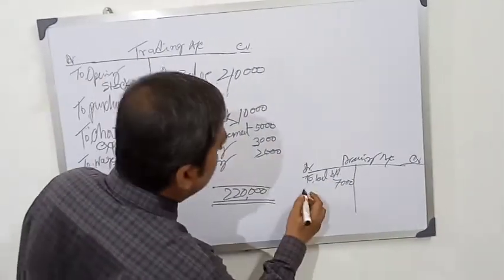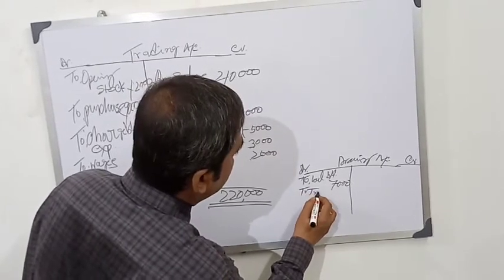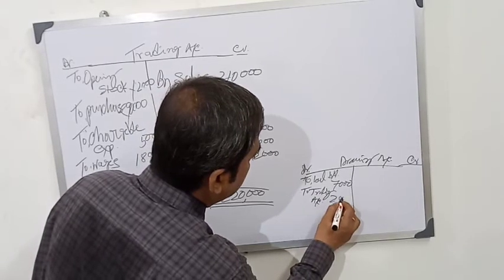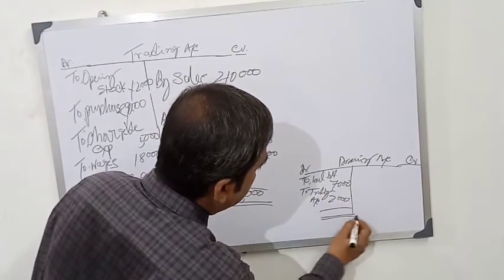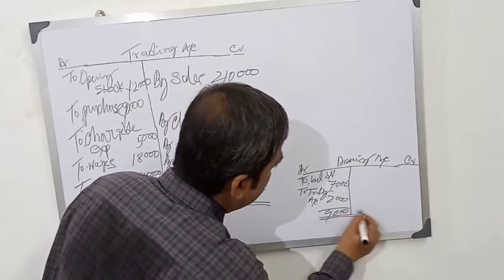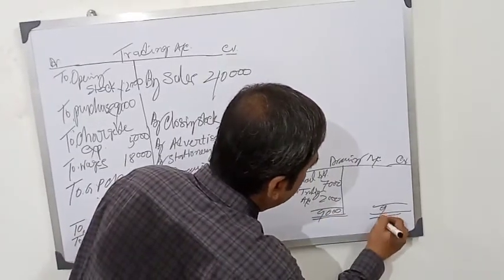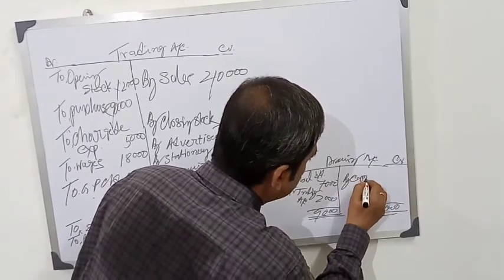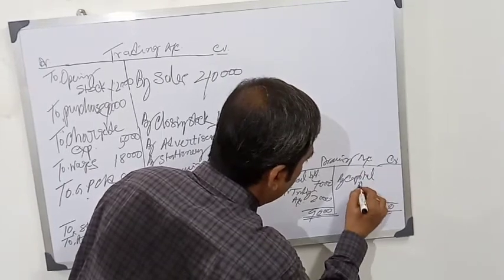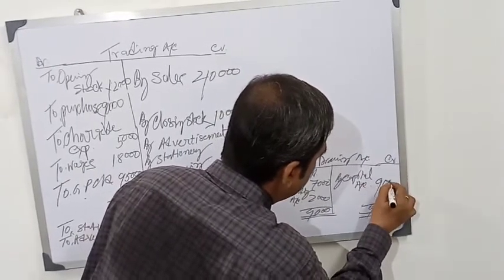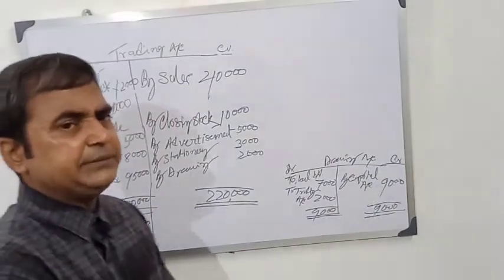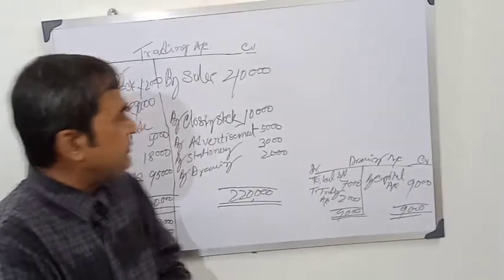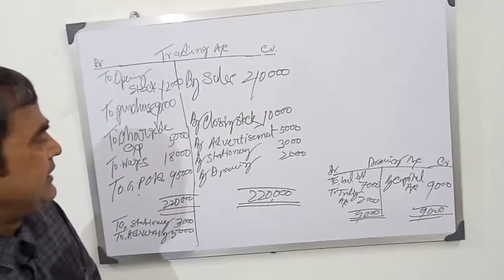So by drawing 2,000 to trading account 2,000, in the end this is 9,000, we write 9,000 by capital account. That is closing drawing account to capital by 9,000. Your capital will ultimately reduce by 9,000 because of this drawing. So these are the possible adjustments that might come.